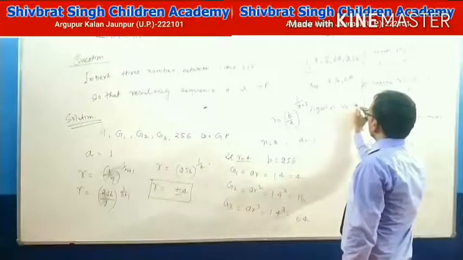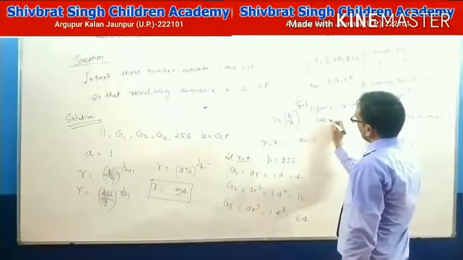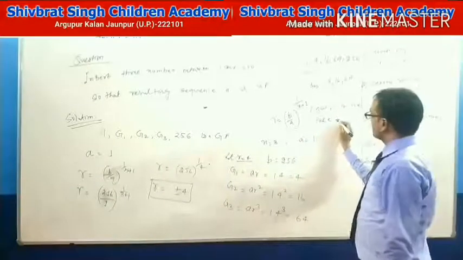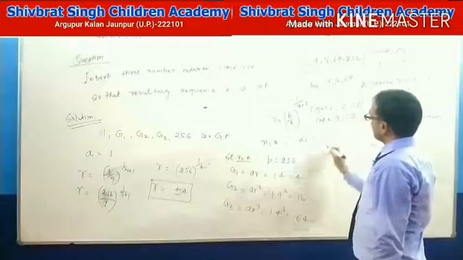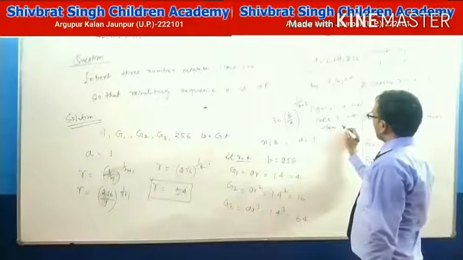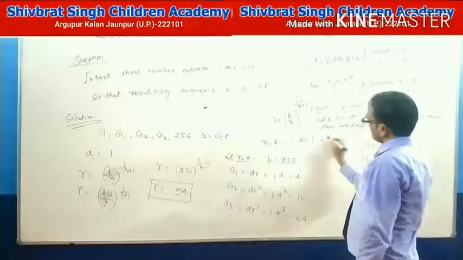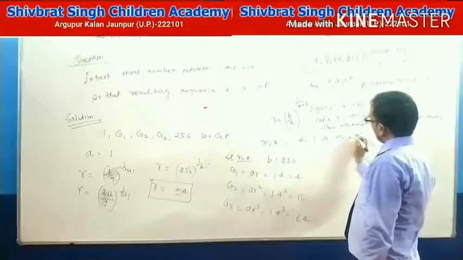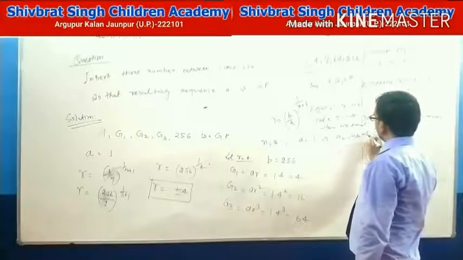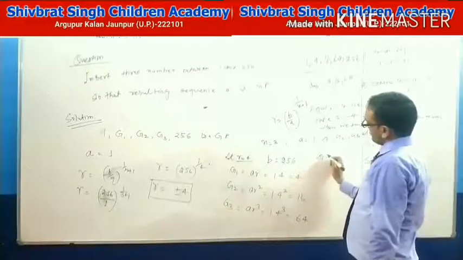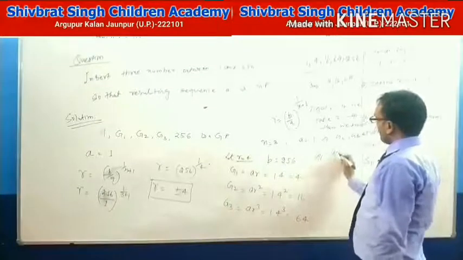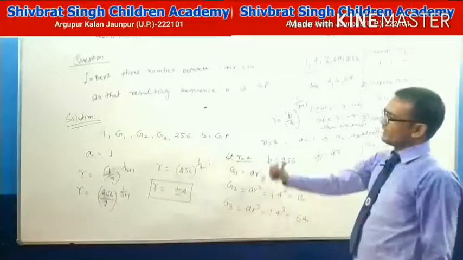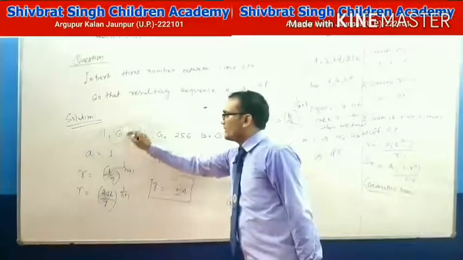Again, if we take R equal to minus 4, then we find G1, G2, G3 also. G1 equal to AR, this is the second term of the GP.